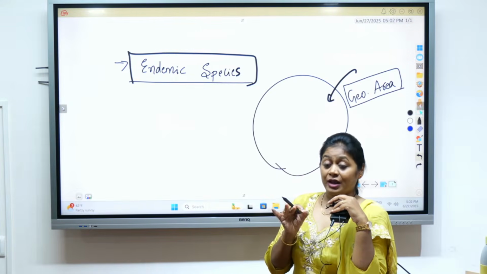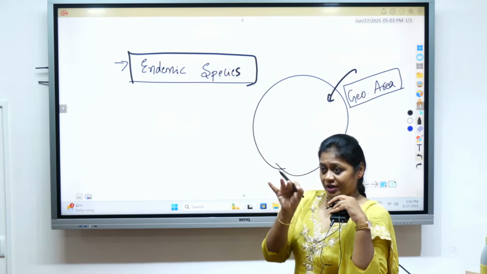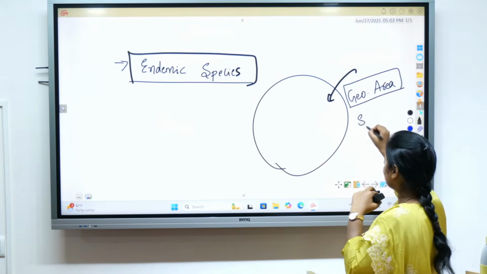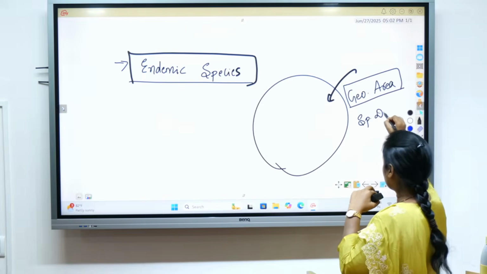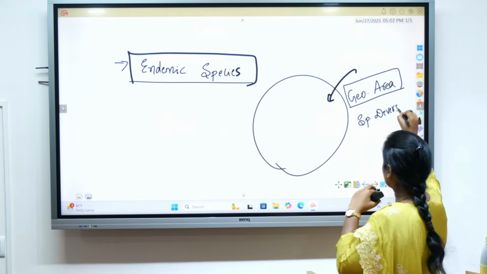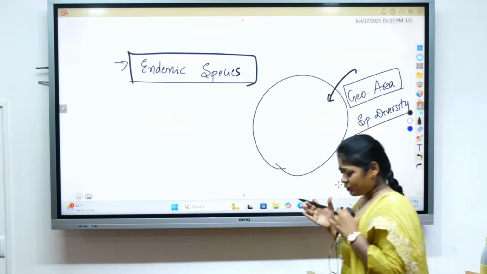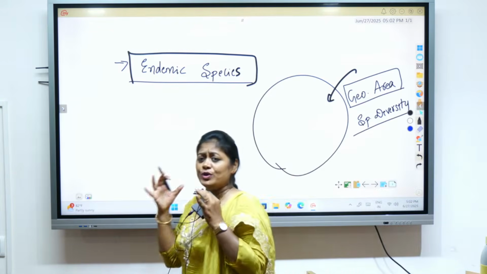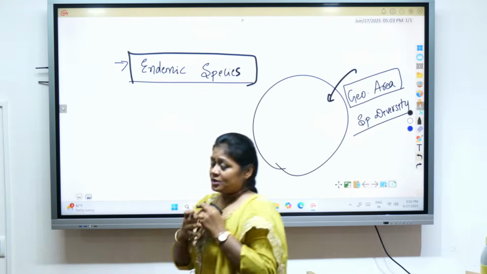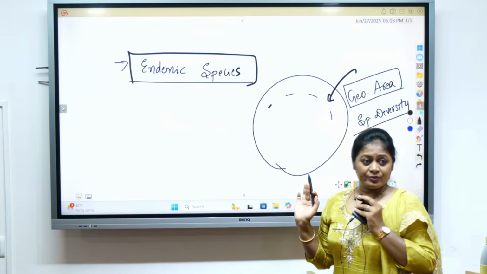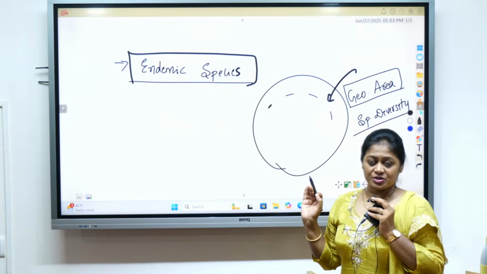Endemism is an additional factor for species diversity. If an area has some unique type of organisms that are not found elsewhere, they are called endemic species.